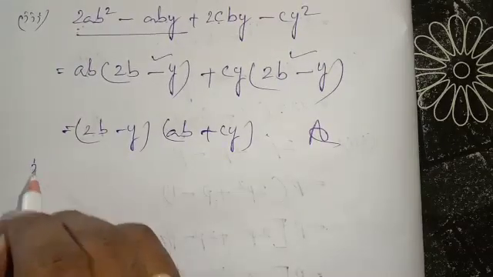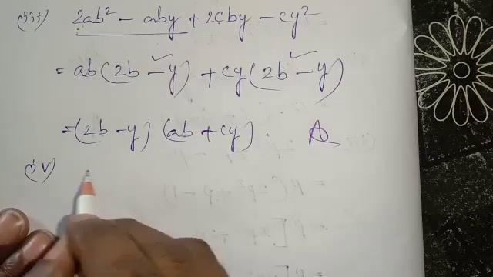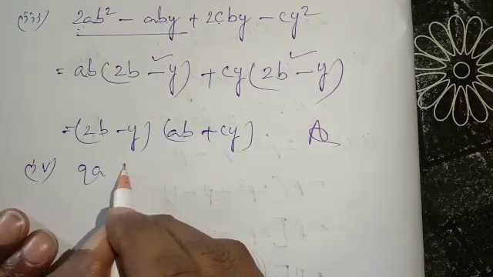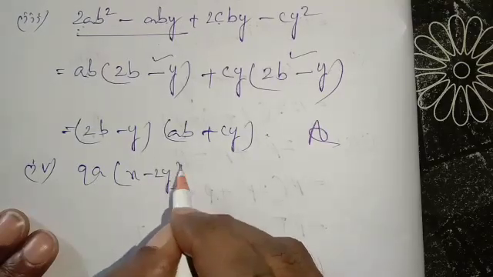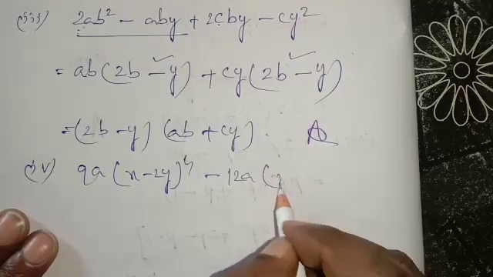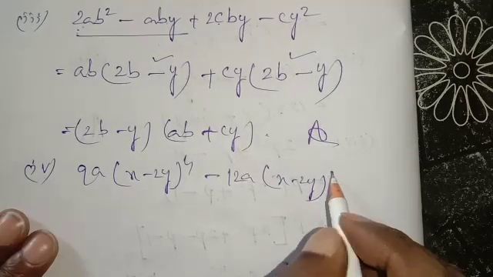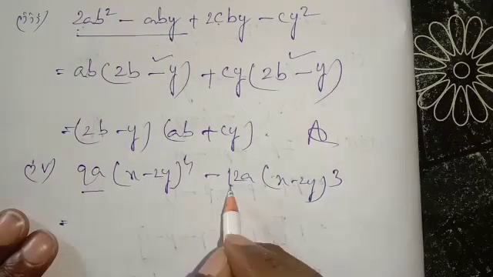Next, see number 2 fourth part. The question given: 9a into (x minus 2y) to the power 4 minus 12a into (x minus 2y) to the power cube. First we see 9a and here 12a.